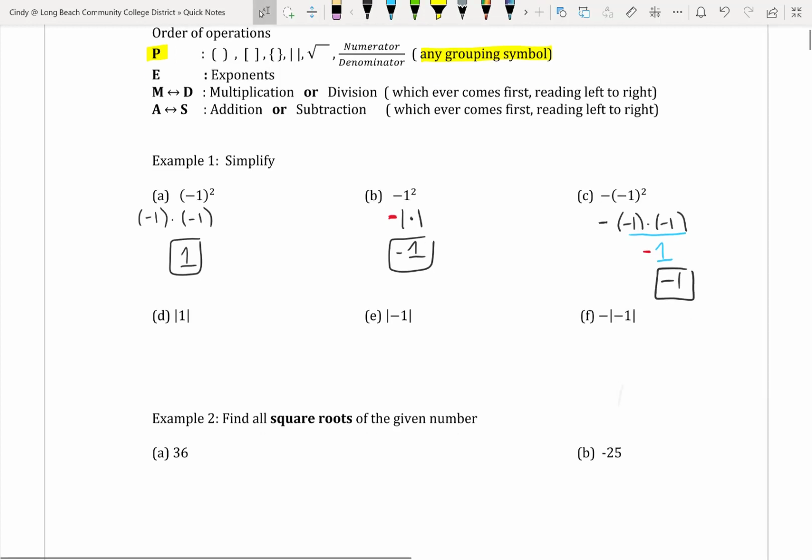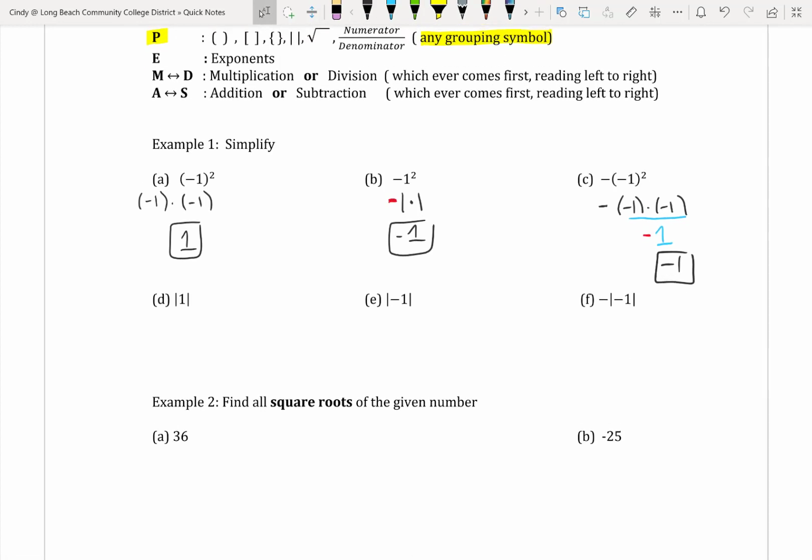Okay? And hopefully you remember that absolute value is the distance from 0. So absolute value is distance from 0. And distance can never actually be negative.